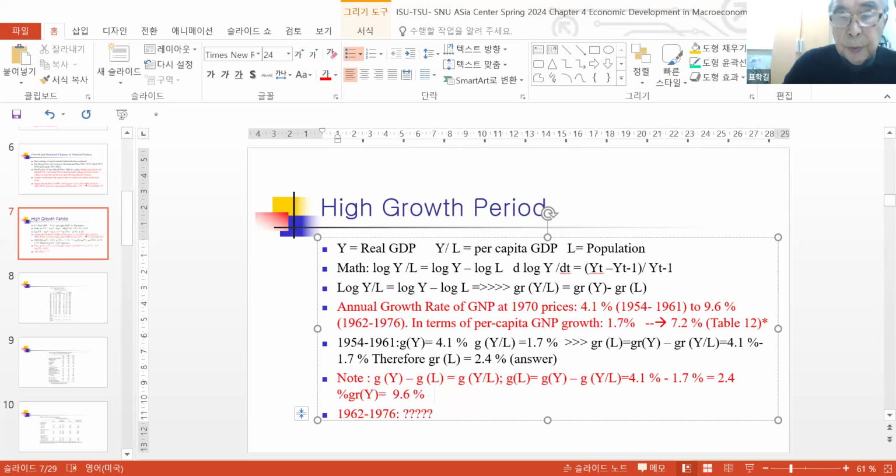Growth rate of per capita income 7.1%. Growth rate of L?